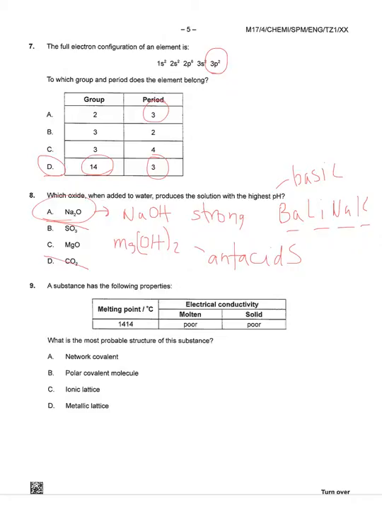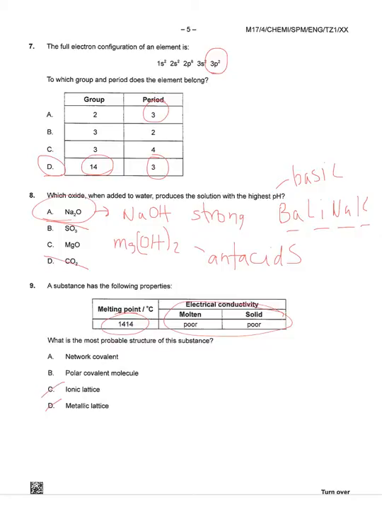Number 9, which of the following substances, what's the most probable structure of this substance? So the key is that it's got poor electrical conductivity as both a solid and a molten or liquid, and it's got a very high melting point. So metallic lattice is out because it would have good conductivity in both phases.